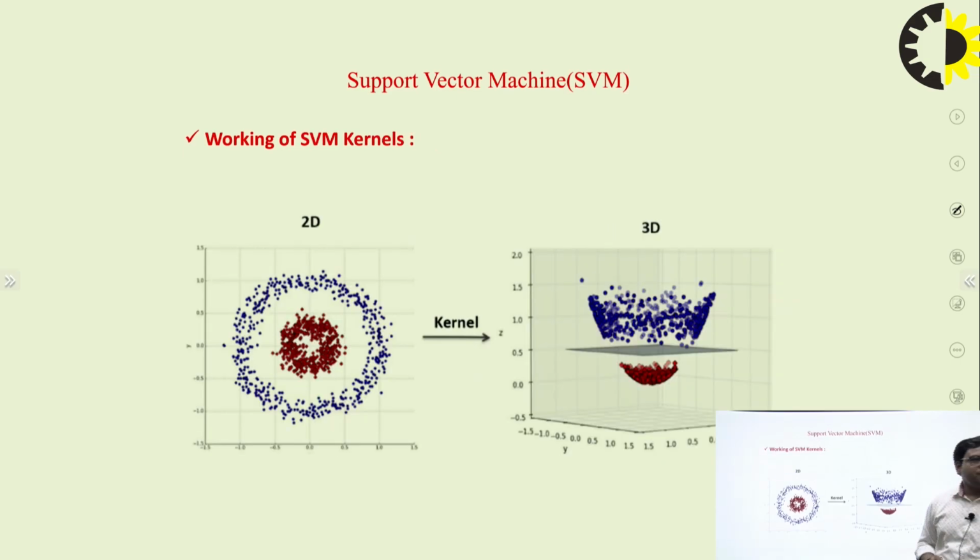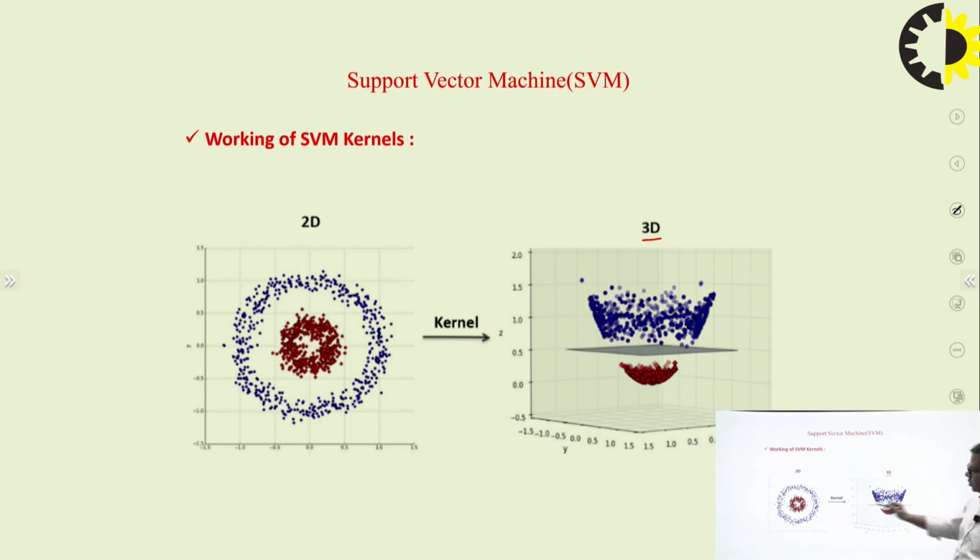Using this picture, it would be more convenient for you to understand. Suppose this was the data which was classified, being seen in 2D, but we converted it into a higher dimension like 3D, and after the 3D conversion, we got the picture like this.